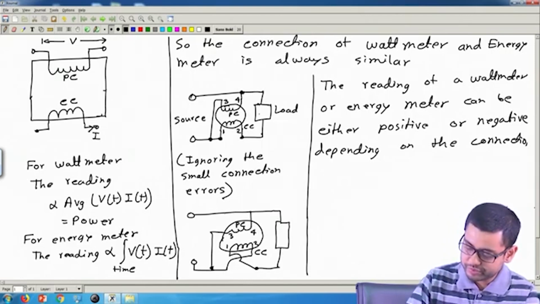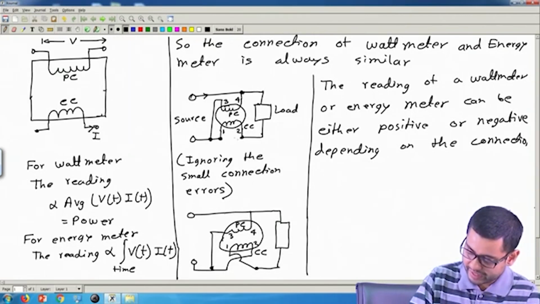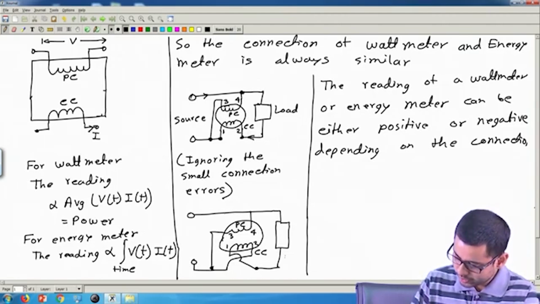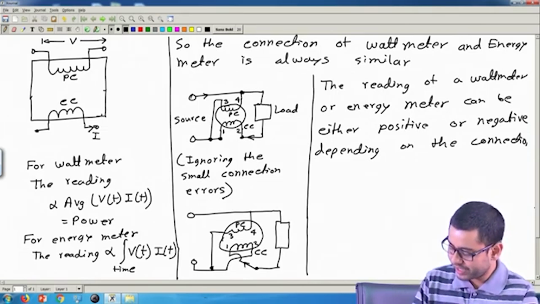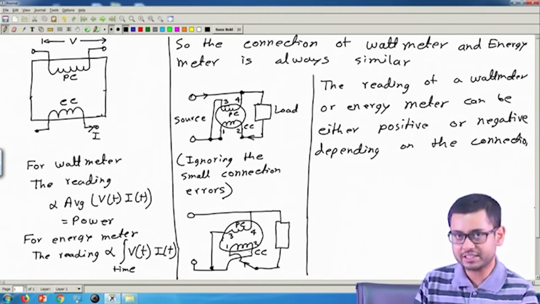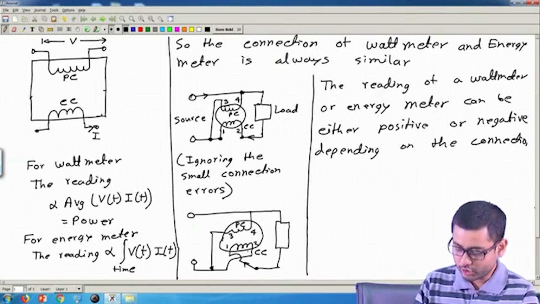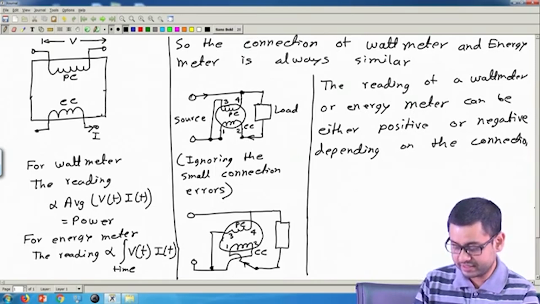Now if previously the current was flowing from terminal 2 to terminal 1, now this current is flowing from terminal 1 to terminal 2. So in the current coil, the direction of the current is changed. The voltage current is in the same direction, and the current in the coil is in the opposite direction.